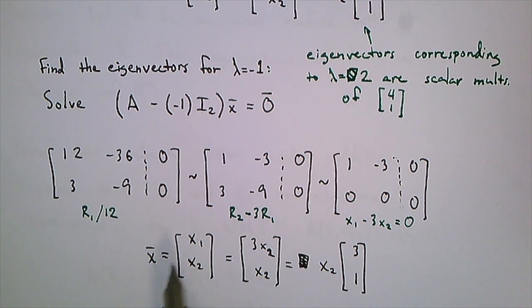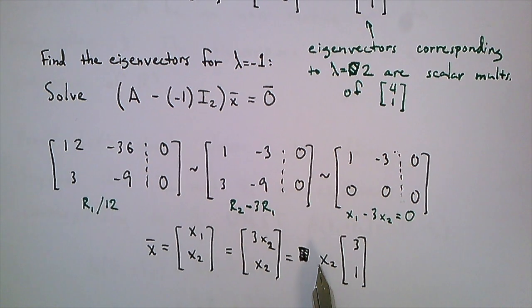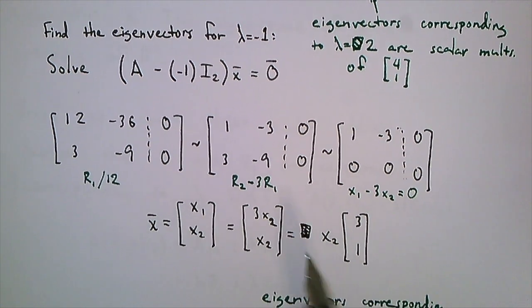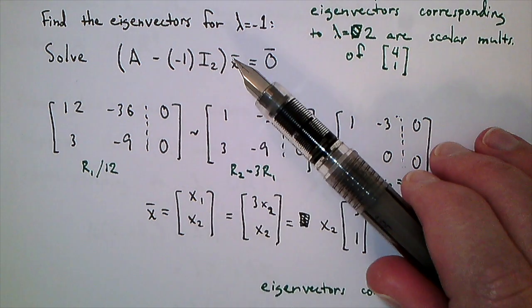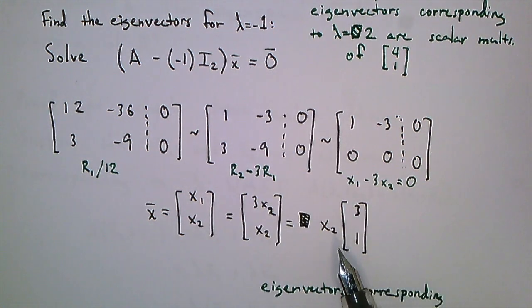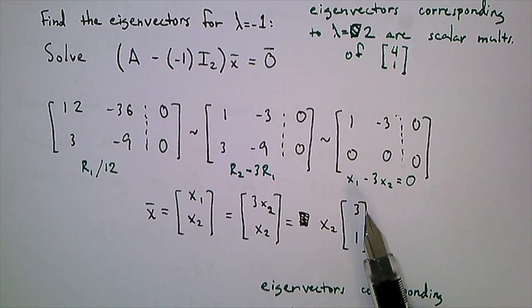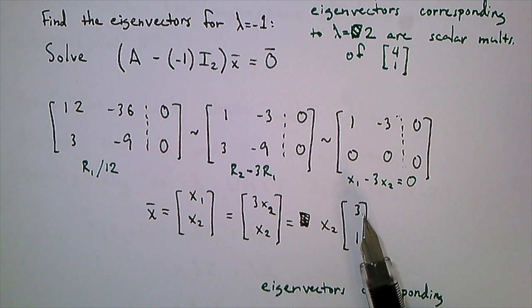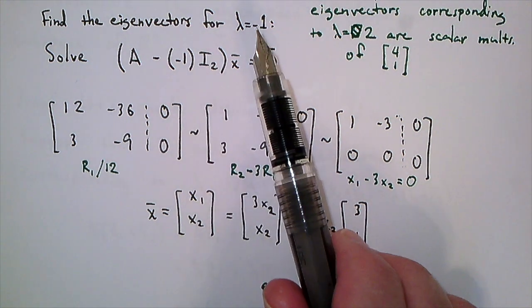So our unknown vector is x1, x2, but we know that x1 is equal to 3x2. Then we factor out the x2, and we see that the solutions to our equation are scalar multiples of the vector 3, 1. And this is the vector that I gave you in the example that corresponds to this eigenvalue, minus 1.